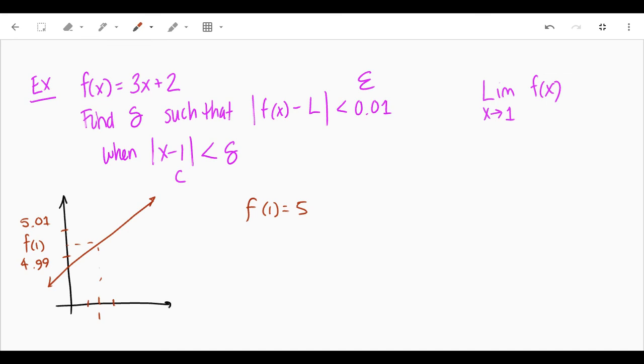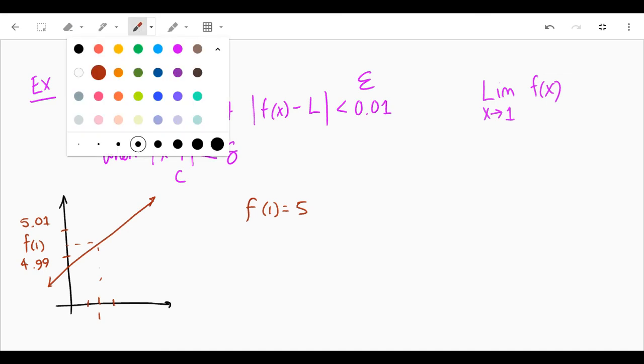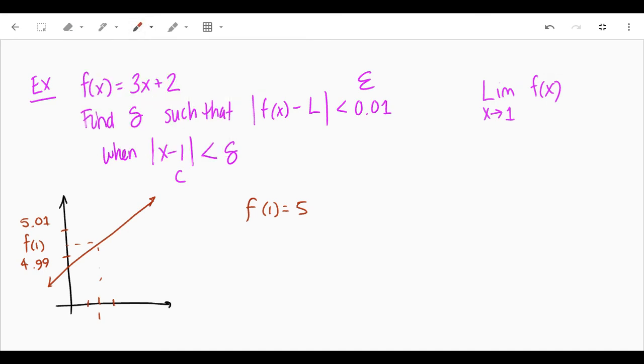So we need f of x. Oops, I'm sorry. Let me erase that. Oh yeah, the limit. Sorry. It's been a while since I've done this, maybe even college. f of x minus 5 has to be within 0.01.